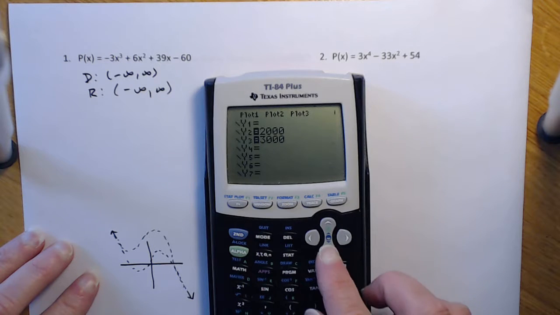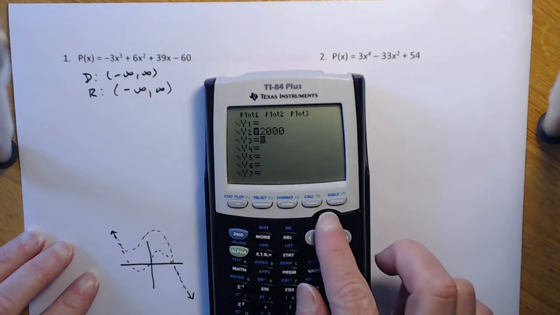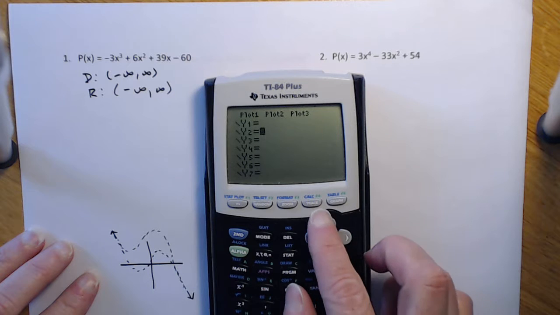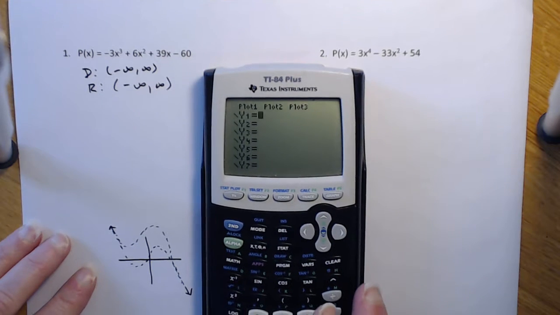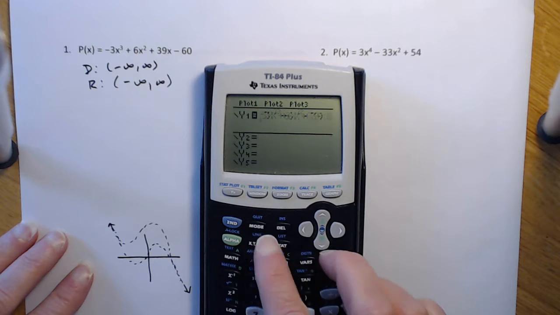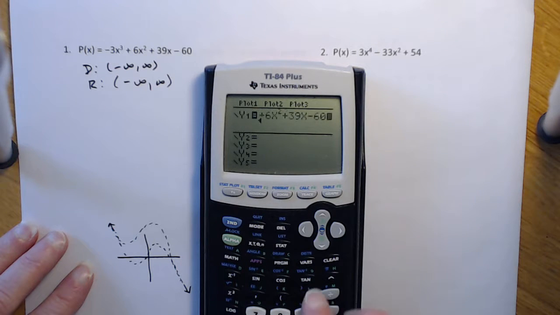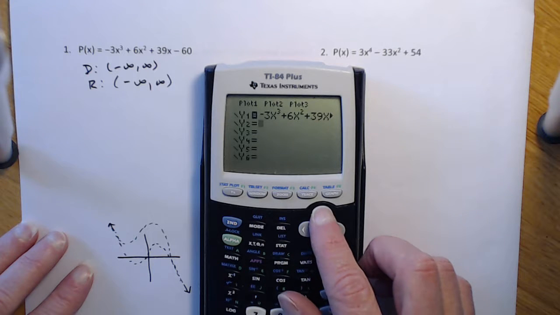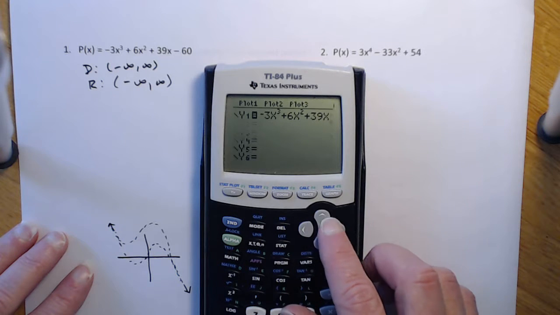So we clear out all this. Alright, so we have negative 3x cubed plus 6x squared plus 39x minus 60. Always a good idea to double check that it is typed in correctly before you get started.